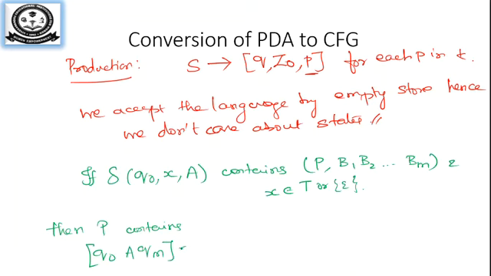So this is how we are going to write the rule. The string X will be in the front, then starting from some state P1 you will have B1, then B2, then B3, and so on up to BM.